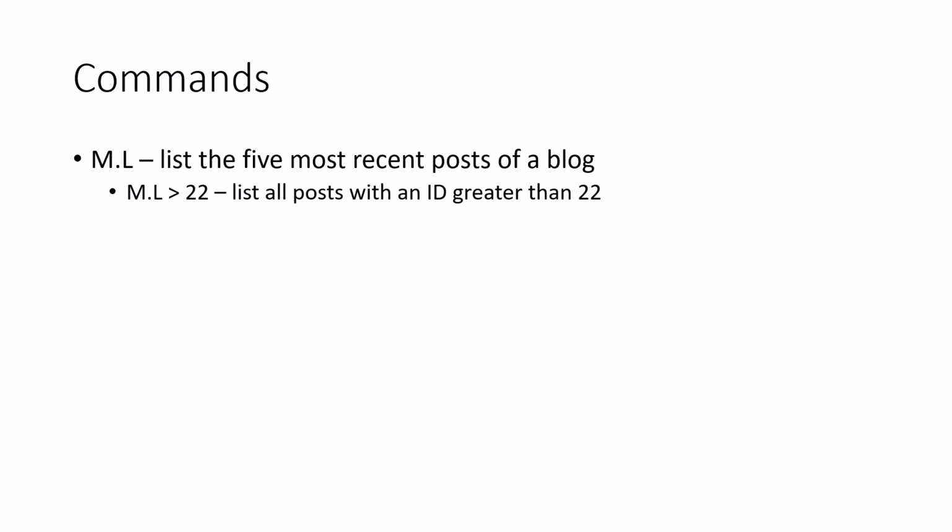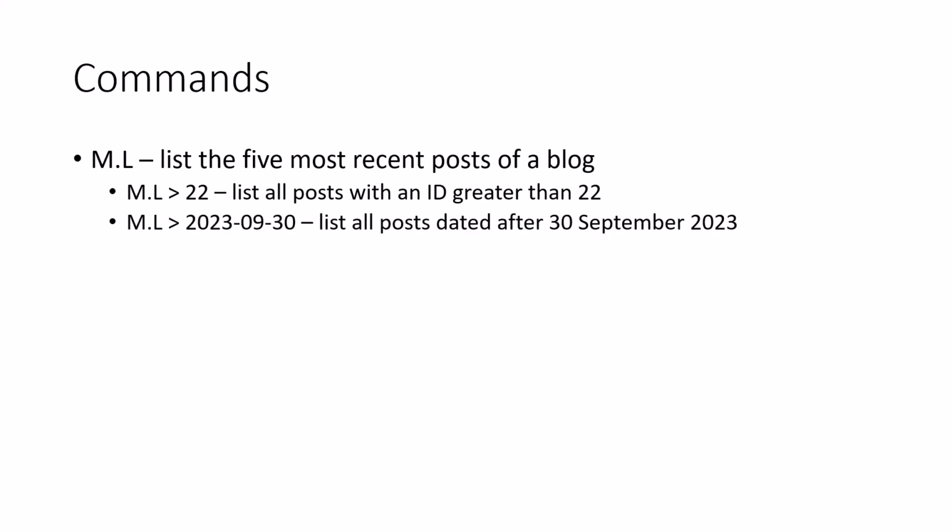That would occupy the server for a considerable period of time, because obviously the transmission speed is quite slow. So at the moment we're limiting everything to 5 lines, except for a blog post, and we'll look at that in a second. You can do m.l greater than a date, so you can look for all posts that occurred after a certain date.